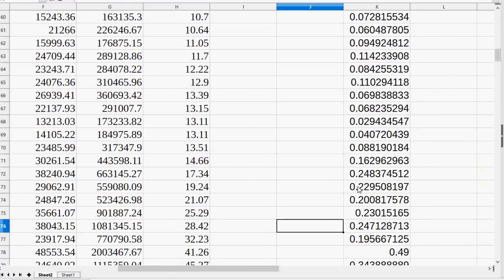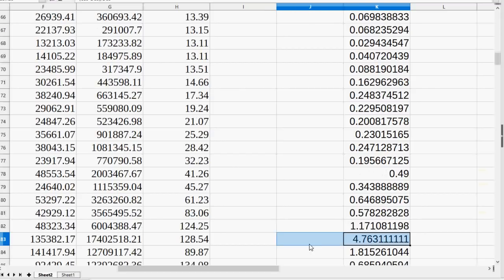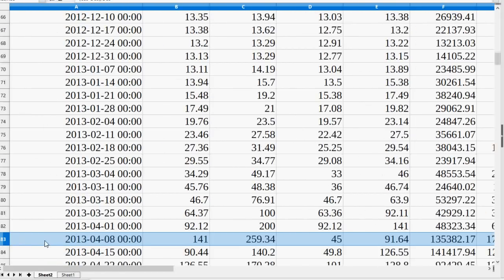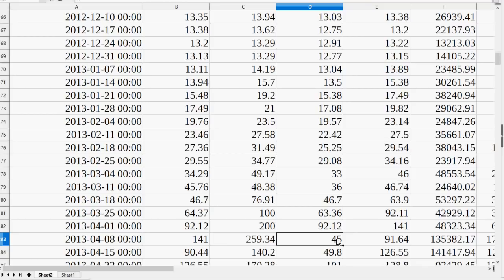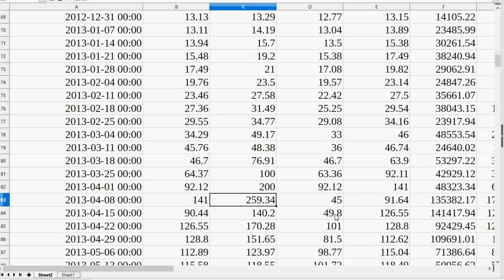So this is where the data is in here. This happened on April the 8th, 2013. The price jumped from a $45 low to $259. Now, how extreme is this? Somewhat. But that just shows you the volatility.